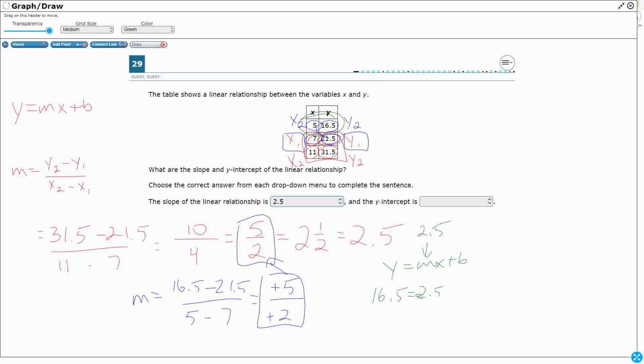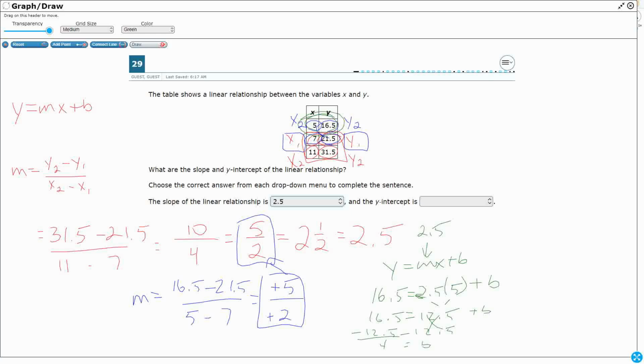And then let's make our x 5. We just need to make sure we have this pair of 16.5 and 5 plus b. And then we're going to solve for b. So 5 times 2.5 is going to be 12.5. And then we just need to subtract that from both sides, 12.5. And you get 4 is what you get.